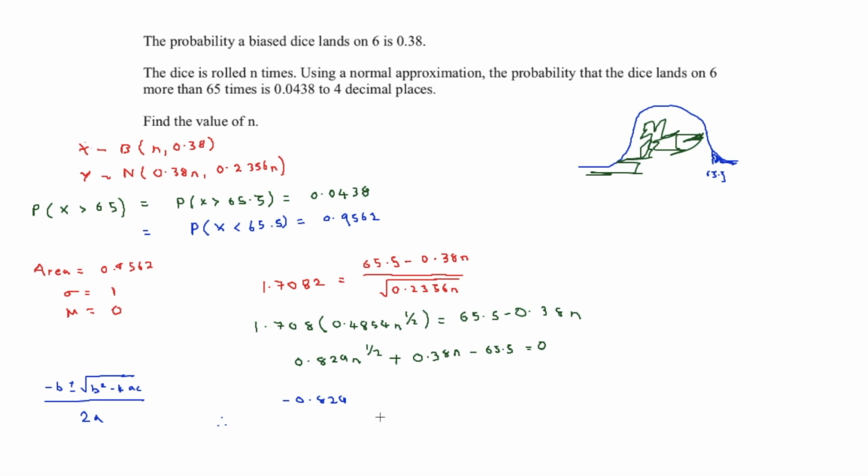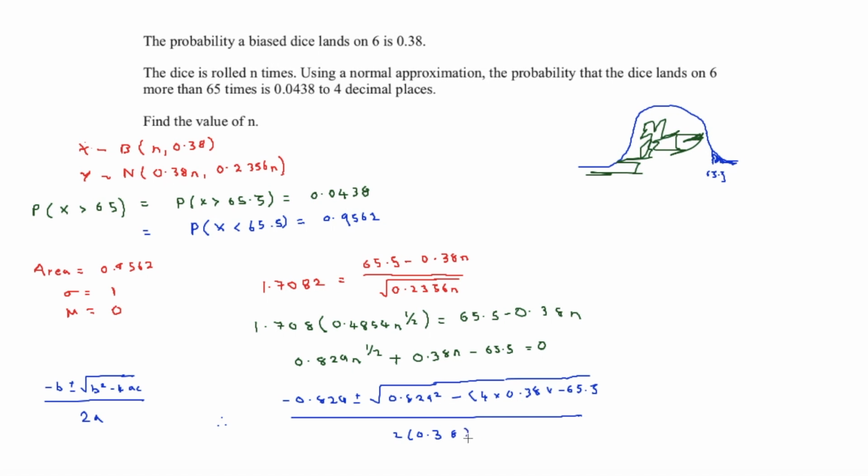Then plus or minus the square root of b squared, again 0.829 squared, minus 4ac, so 4 times 0.38 times minus 65.5, and divide everything by 2a, and 2a in this case is going to be 0.38.